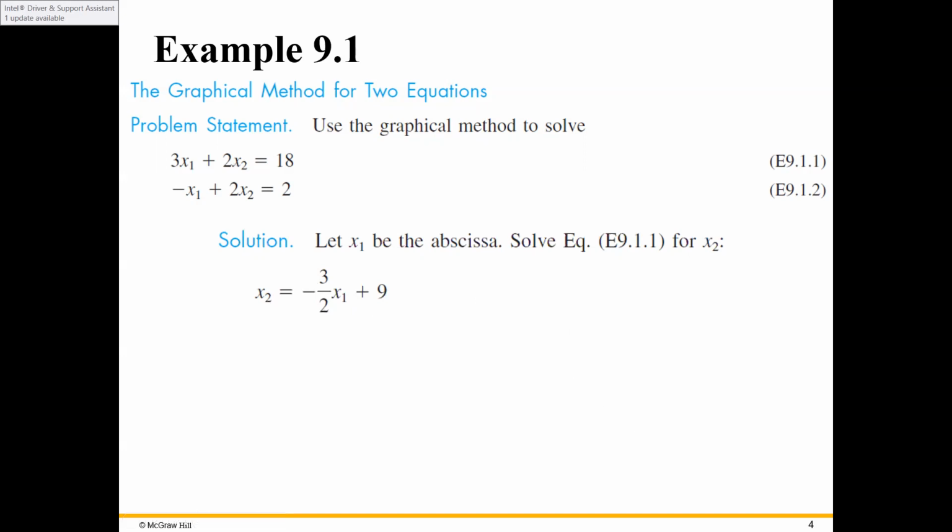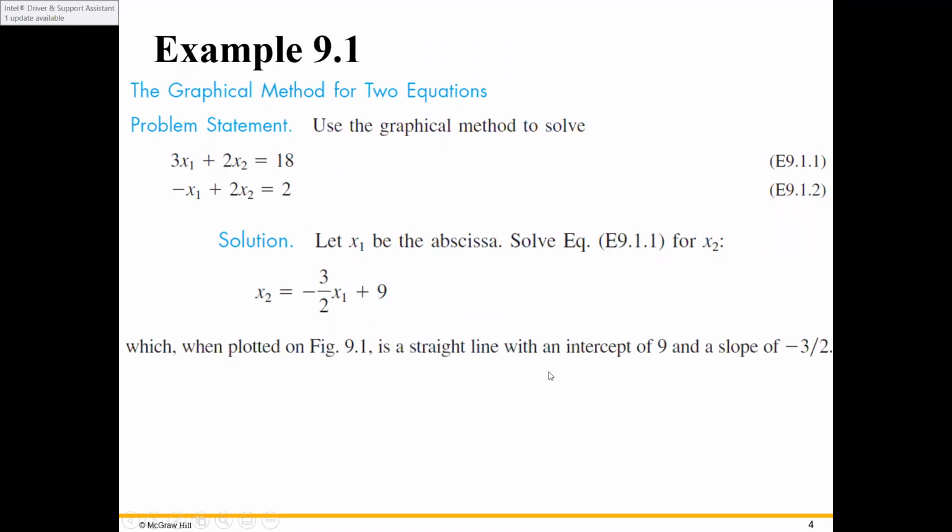That means as we go from left to right, the line will decrease from top to bottom. When plotted in figure 9.1, it is a straight line with an intercept of 9. That means it will intersect the x2 axis at 9, with a slope of minus 3 by 2.